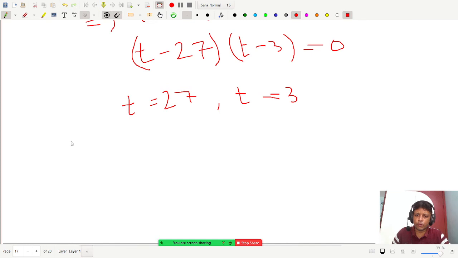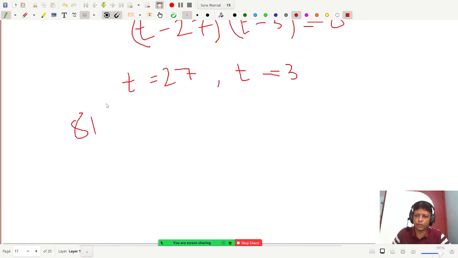So if t equal to 27, you have 81 to the power sin square x equal to 3 cube.